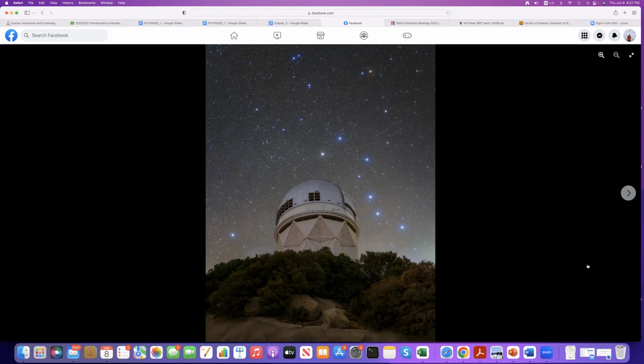Does anybody have any idea about this picture or the constellation? I'm giving you some time to think about this. What is that constellation?